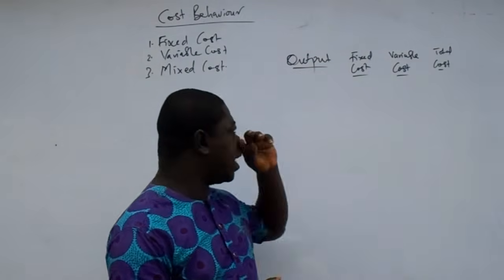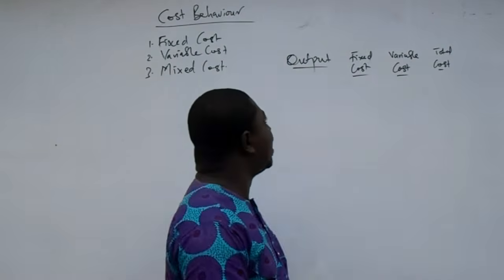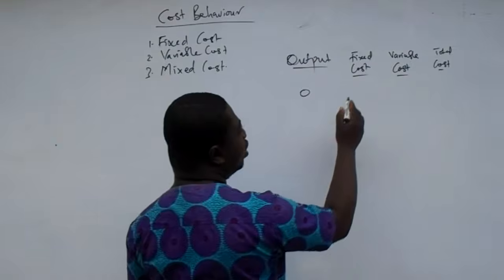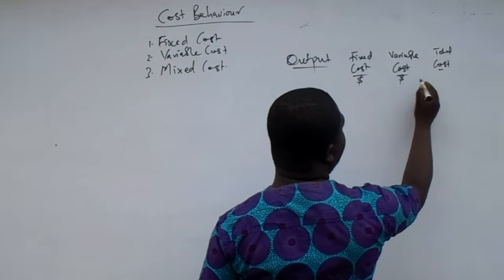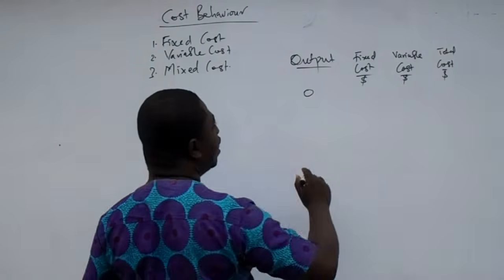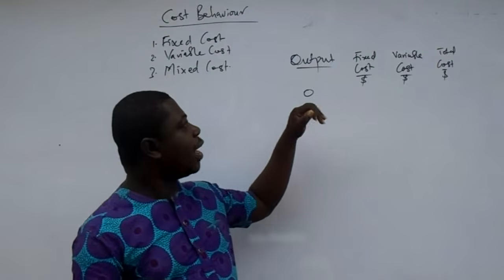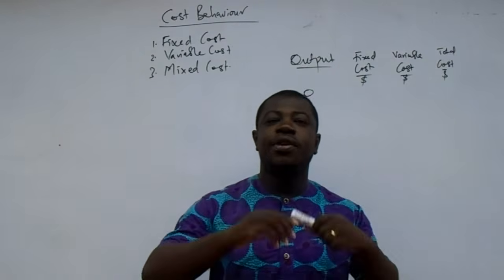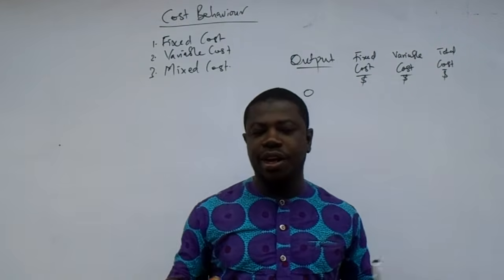So let us assume that we have an organization. Now, let's assume that there was a zero output. Let me put the dollar sign here as the currency. Let's assume that the organization is not producing. Now, we are saying that fixed cost remains unchanged within a relevant range.